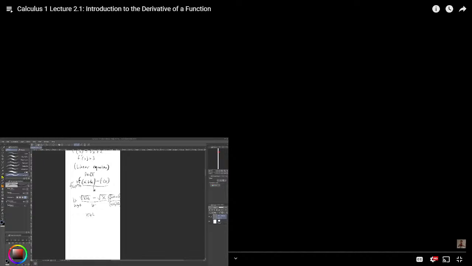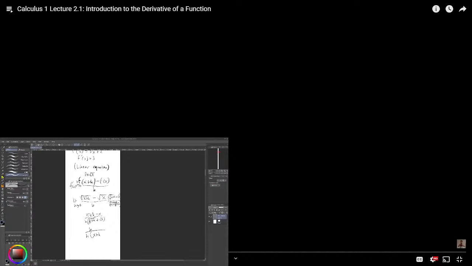x plus h plus that minus x, h times the square root of x plus h. This is wrong. Plus square root of x here.